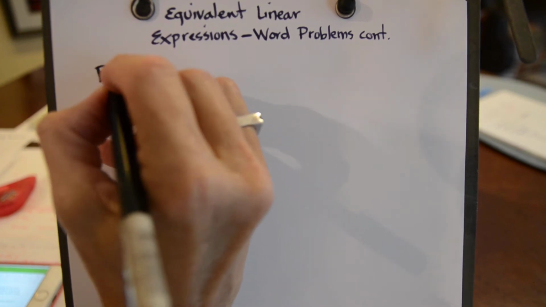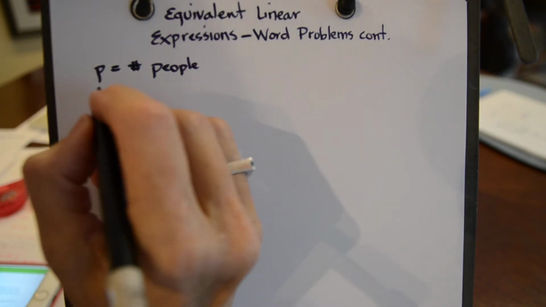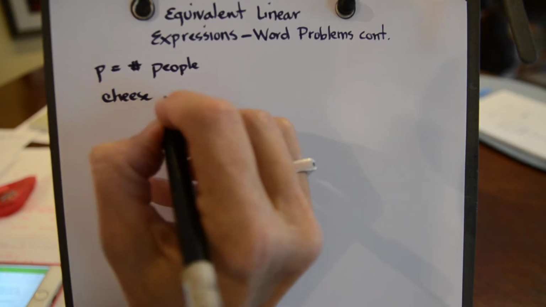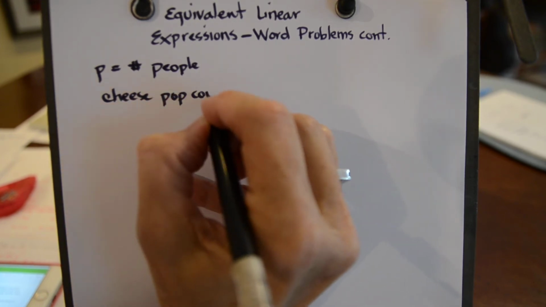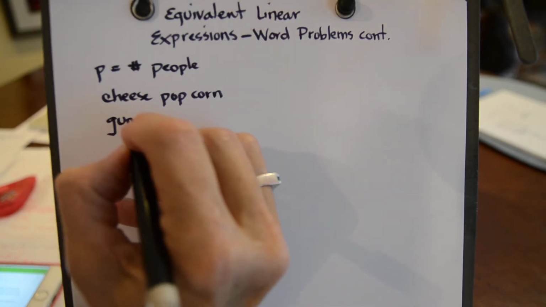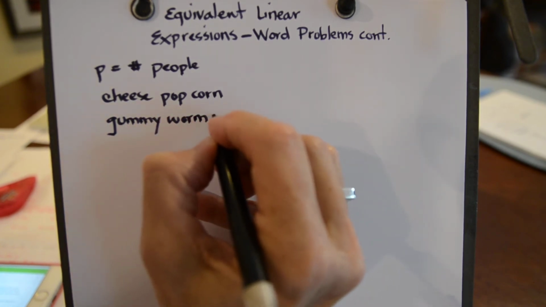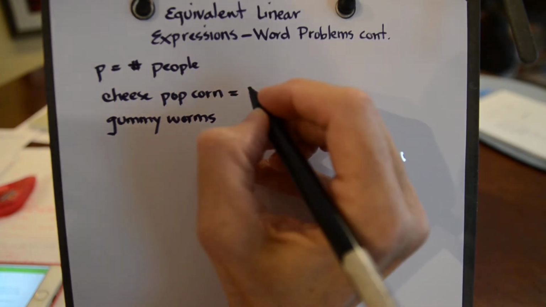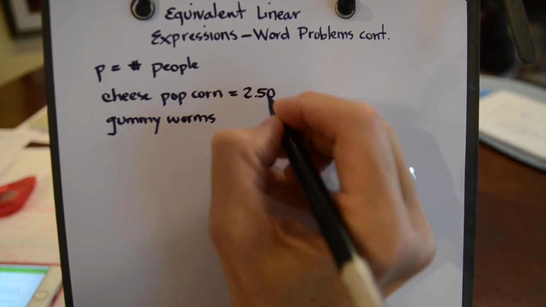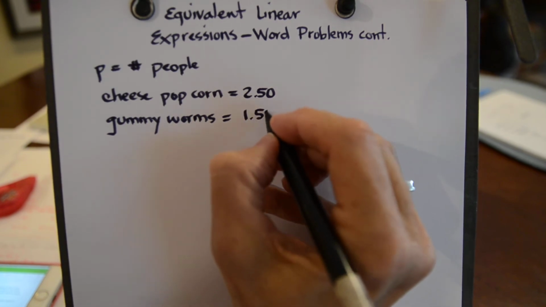Okay, so let me go back and see what they've told us. That P equals the number of people. We have cheese popcorn, and we have gummy worms. They told us that the cheese popcorn costs $2.50 and the gummy worms cost $1.50.